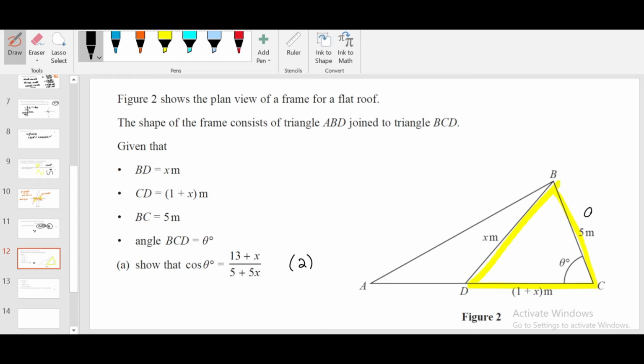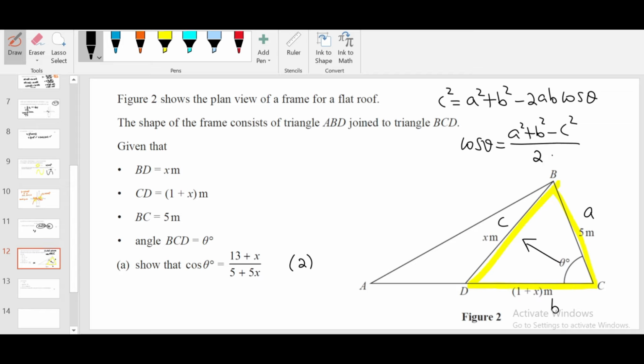Take these 2 adjacent sides of the angle as A and B, opposite side as C. So the cosine rule is this: C square is equal to A square plus B square minus 2AB cos theta. If you make cos theta as a subject, you will get A square plus B square minus C square divided by 2AB. That's what I'm gonna do now.